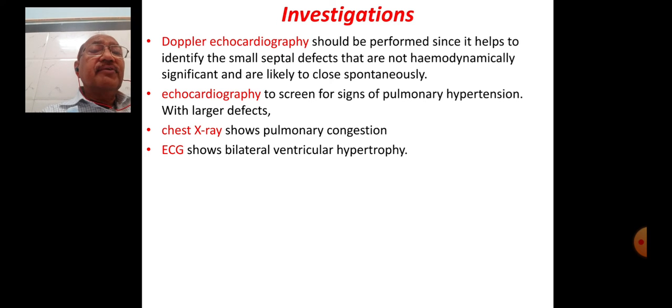So, echocardiography with Doppler and color flow mapping should be involved in screening, not only diagnosing VSD but to detect the signs of pulmonary hypertension with the larger defects. Of course, the routine investigations: chest x-ray will reveal the pulmonary overflow, and ECG will show biventricular hypertrophy.